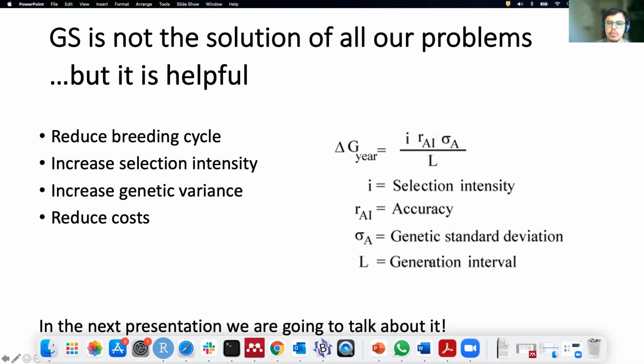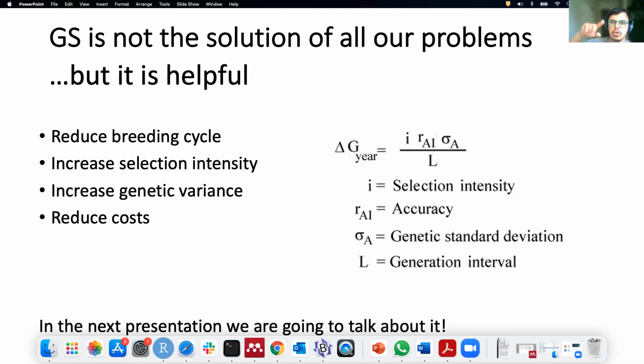And the last point is that we can reduce the generation interval. As an example, what we are planning to do here in Michigan is, instead of using F7s or later generations to do the crosses, to start doing crosses to produce new progeny in F3s.